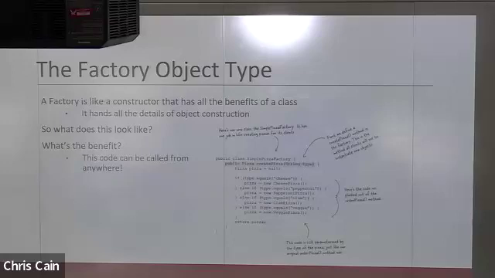We can create a new pizza factory object, and we can call its create pizza method to create an associated kind of pizza and pass it a string. So it's just like the constructor, except we actually have access to it, not just when an object is being created, but any time that we might want to make one of those objects.